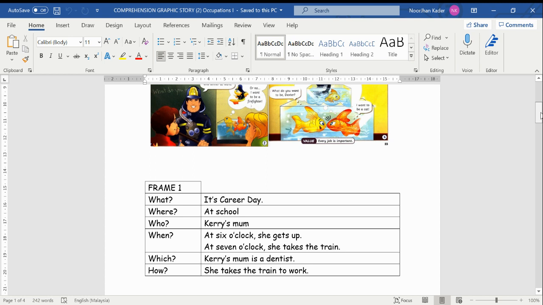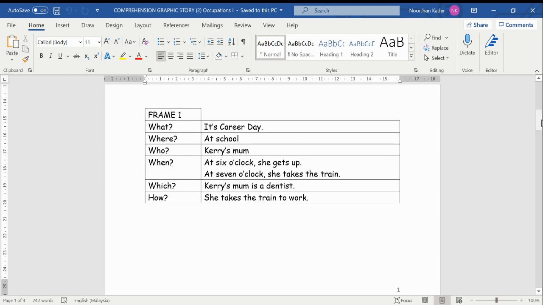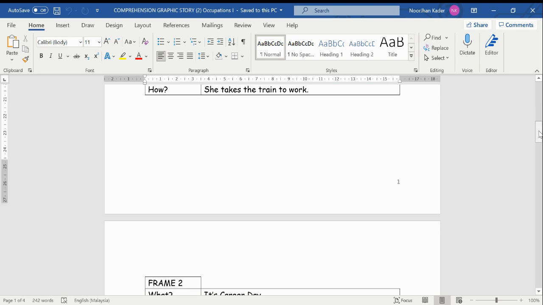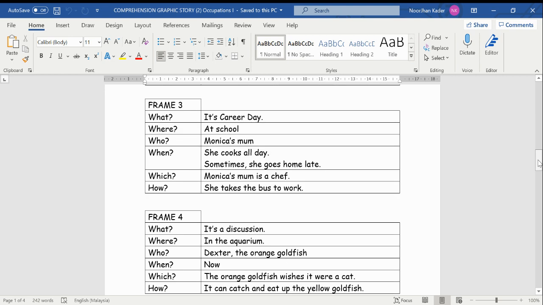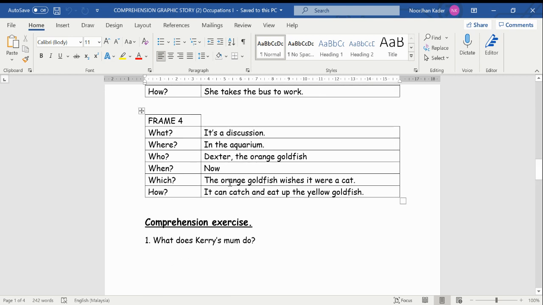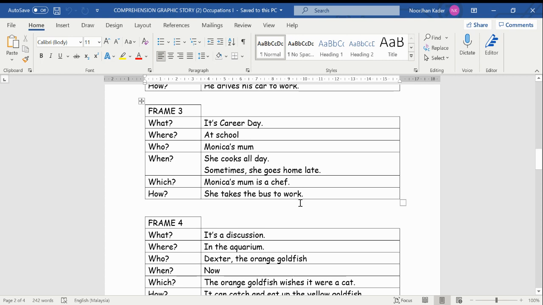So this is a turning point. In frames 1, 2, and 3, we were talking about which occupation the person does.